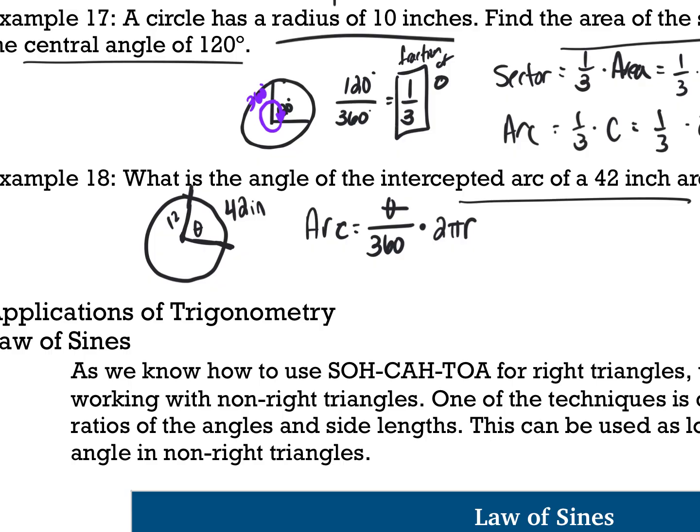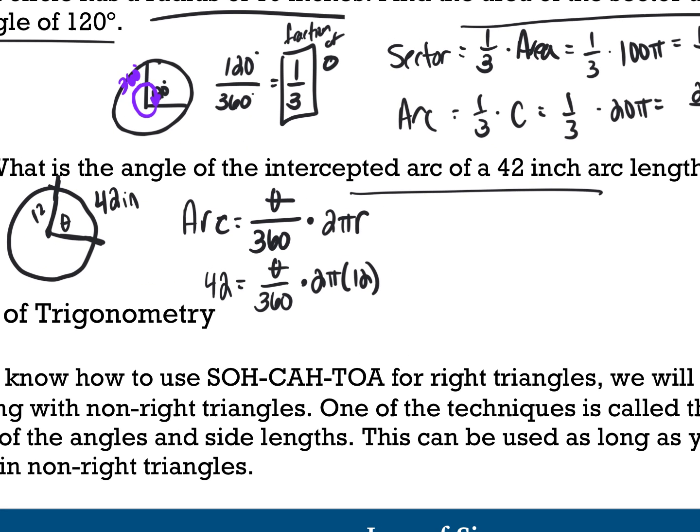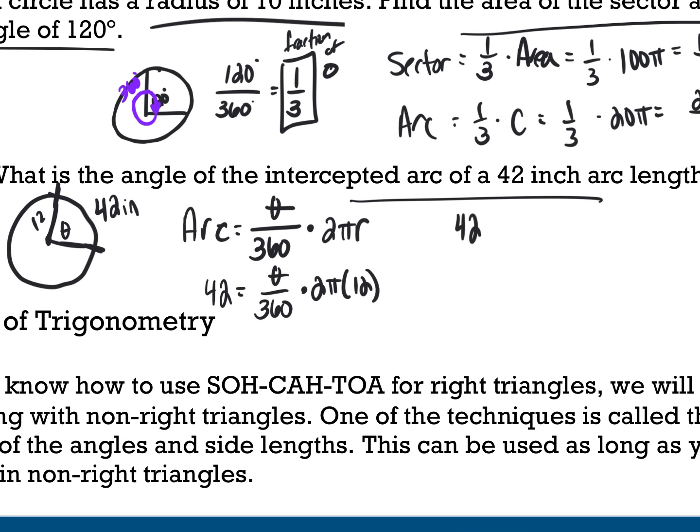Realistically, I have everything I want. The arc is 42 inches, angle over 360 stays, times 2 pi, we know the radius of the circle. So what we end up with is 42 equals 24 pi times the angle over 360.